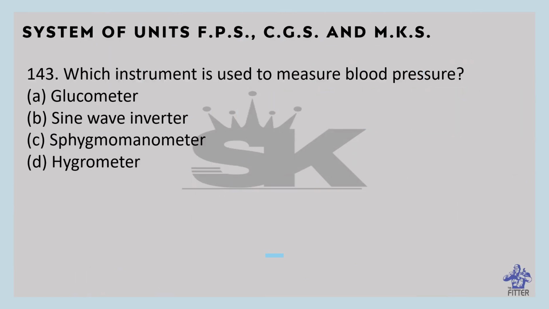Which instrument is used to measure blood pressure? That is sphygmomanometer. Glucometer is used to measure how much glucose is in blood.